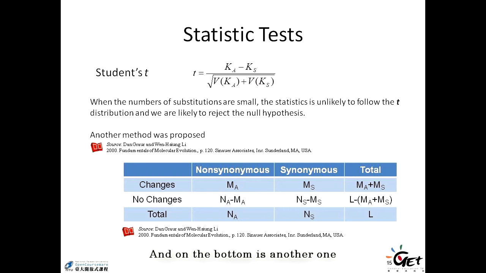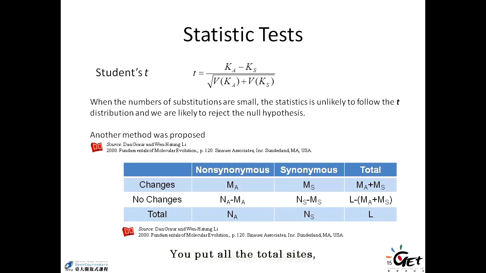And on the bottom is another one, where we can just use the numbers. This is like a 2x2 contingency table. We look at the number of changes and also the number of no changes.